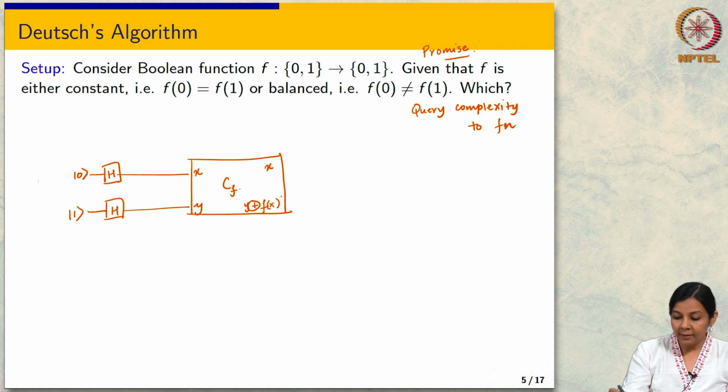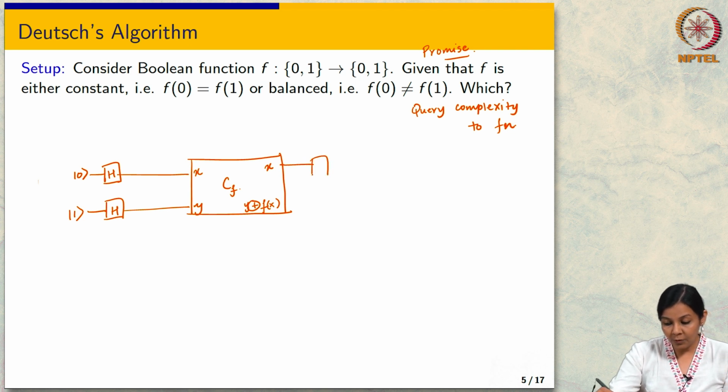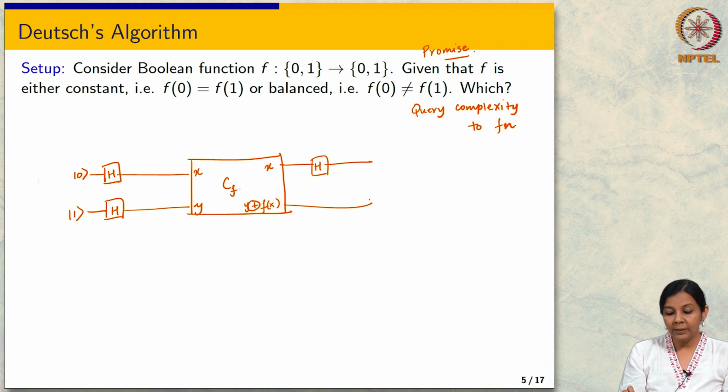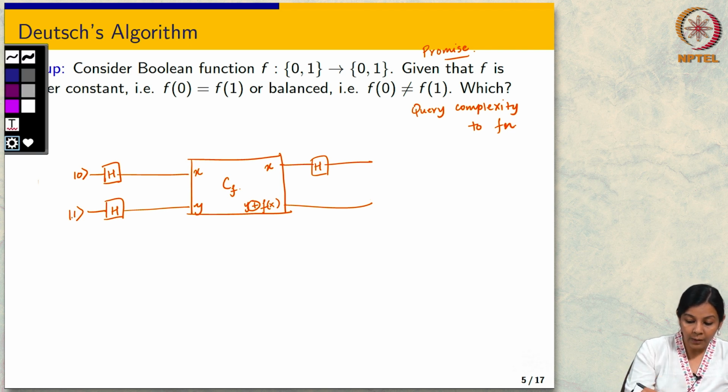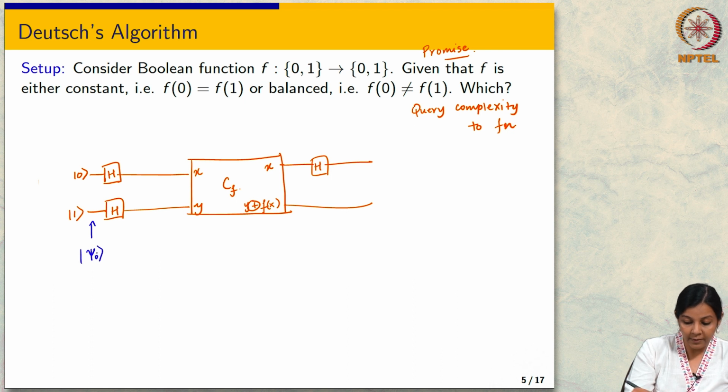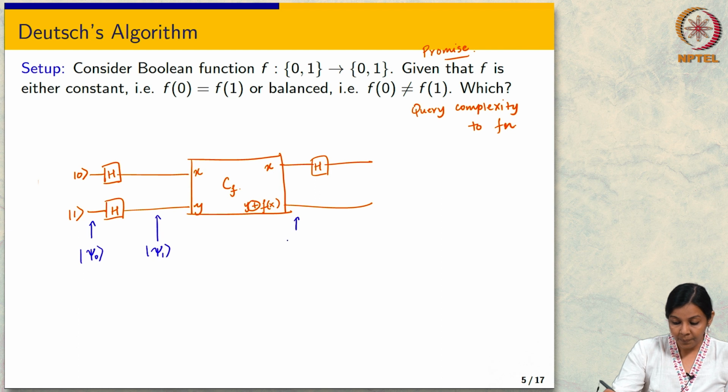Then I am just going to apply the Hadamard transform once again to the top bit, and the bottom bit I keep unchanged. I am going to call this state psi 0, this one psi 1, this one psi 2, and this one psi 3.